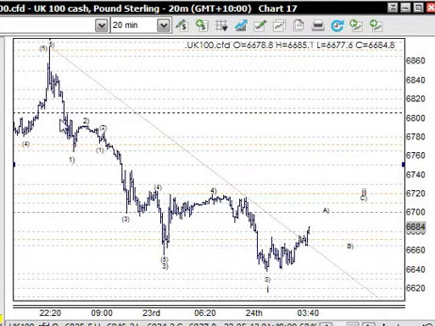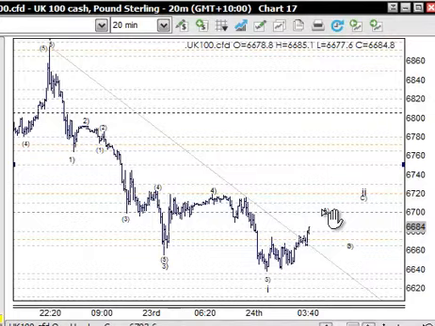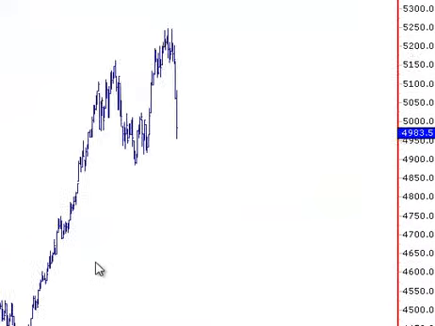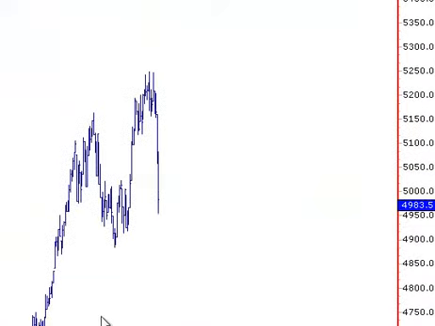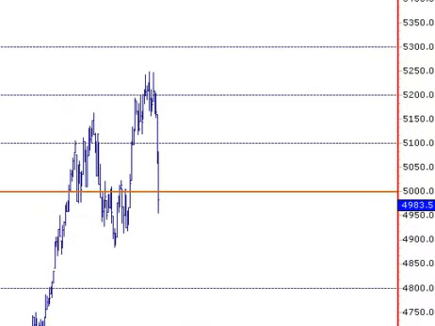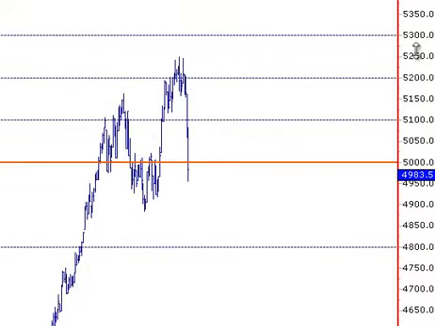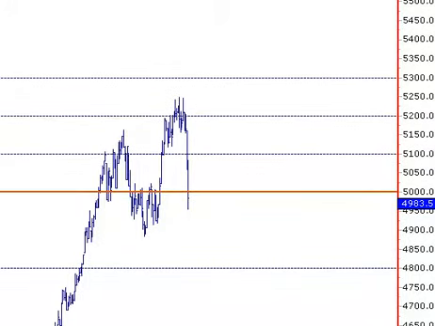So the FTSE does seem to be lagging a little bit through there. The Australian market has obviously fallen out of bed. So if we just have a look at that through here, the strong move down through here, if I just put the 5,000 in place there, because this will be a correction that will unfold using the 5,000 as the balance point.